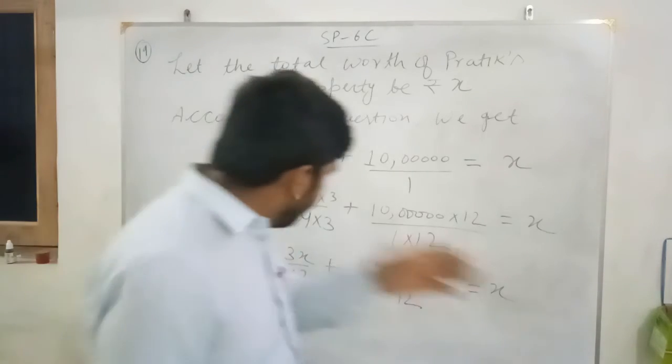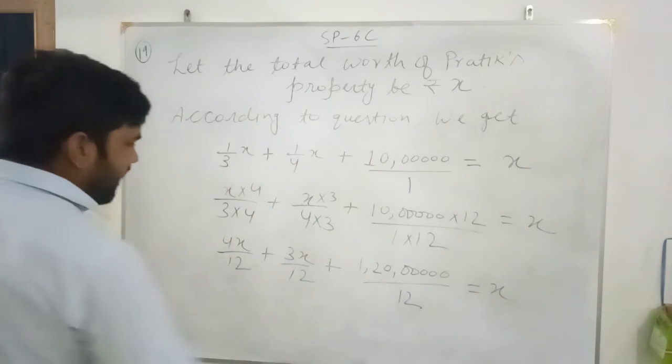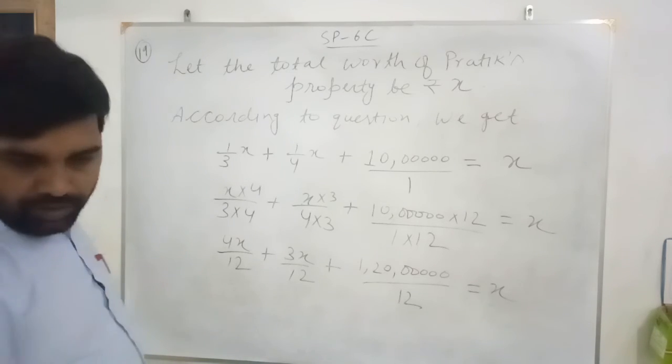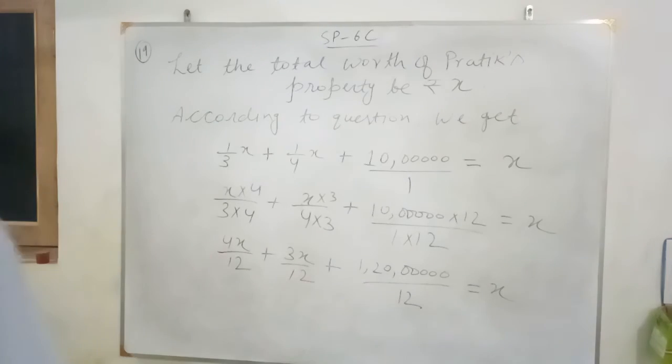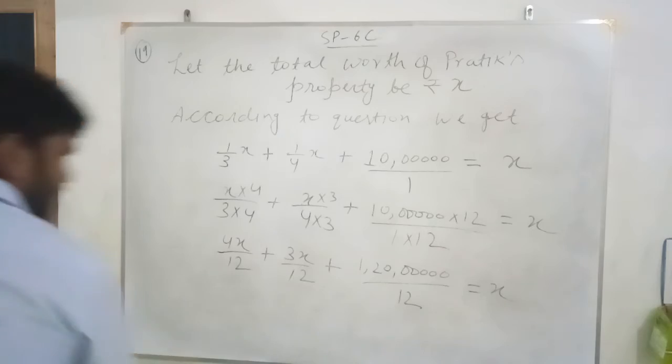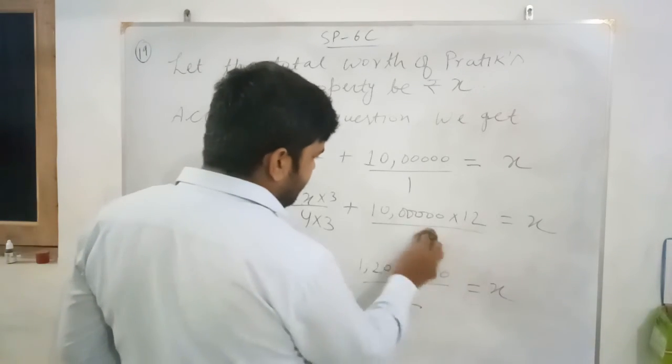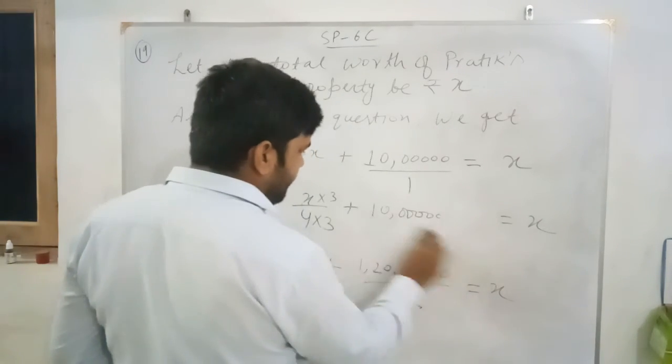Now we transfer this x to the left hand side and this constant to the right hand side. Here we don't need to multiply because that will cancel also, so simply we leave this alone.